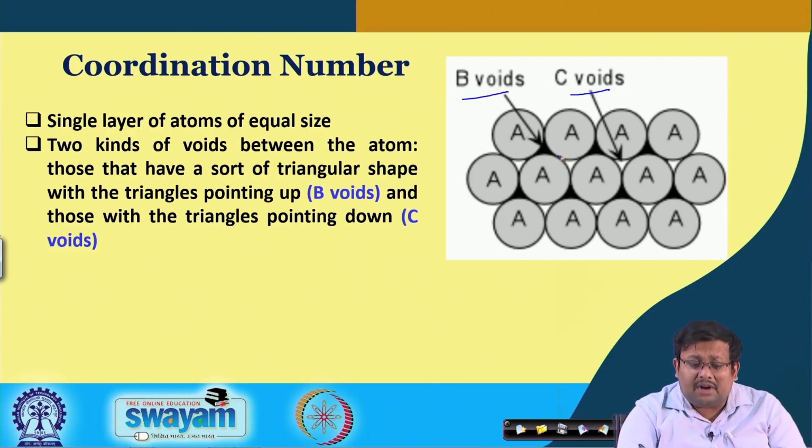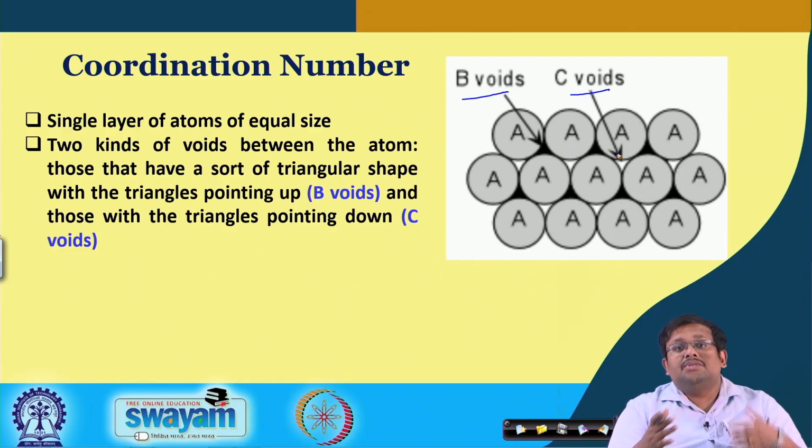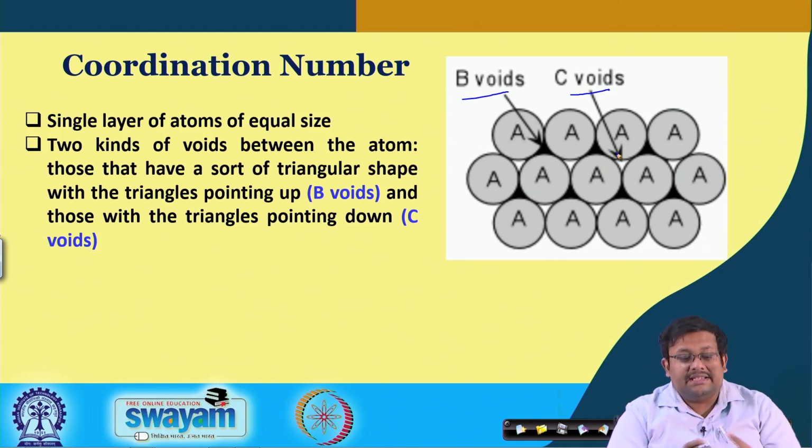So, all these voids are triangular in shape, and you can see these B voids are pointing up, and the triangles which are pointing down are known as the C voids. So, these two types of voids are created when there is a 12-fold coordination with single layer of atoms of equal size.